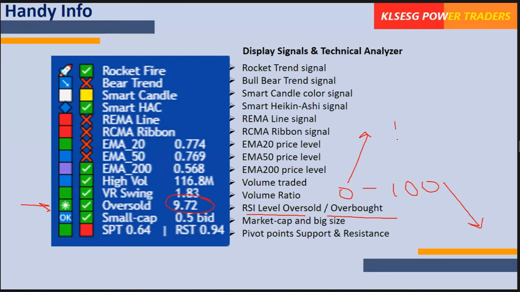This is basically the RSI reading, Relative Strength Index. I put it here so we can know whether the price is overbought or oversold. Very easy. If oversold, then you can buy. If overbought, then don't buy. And you can see if the stock is small cap, mid cap, or large cap, and pivot, support, and resistance. Some information that I put here.